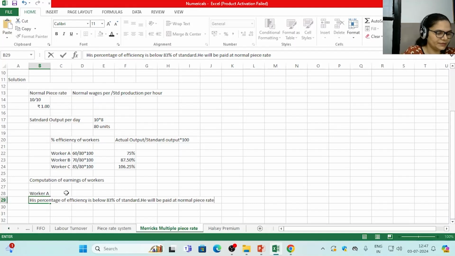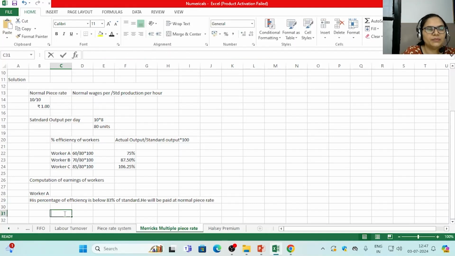His earnings will be output into normal piece rate.